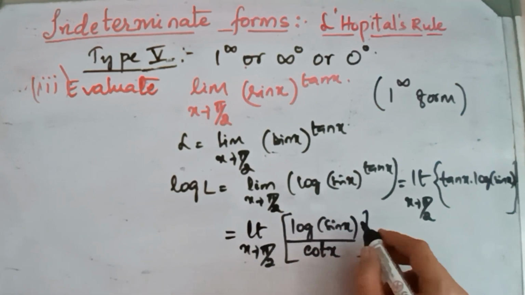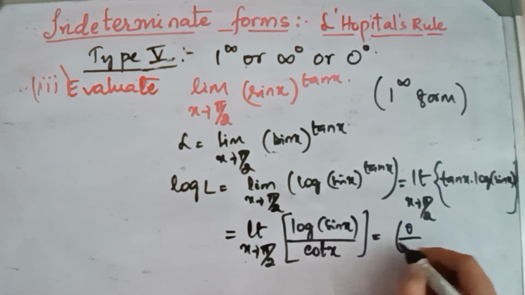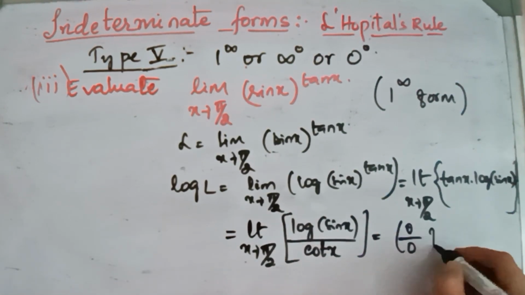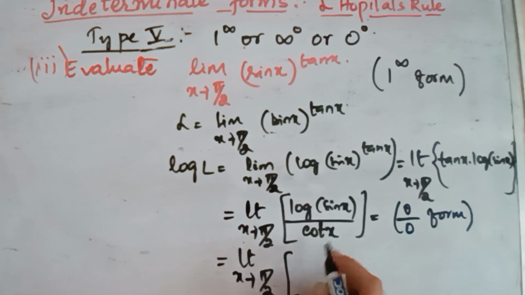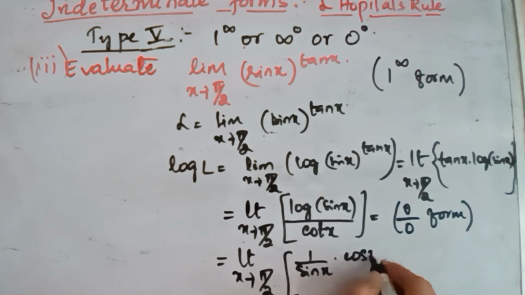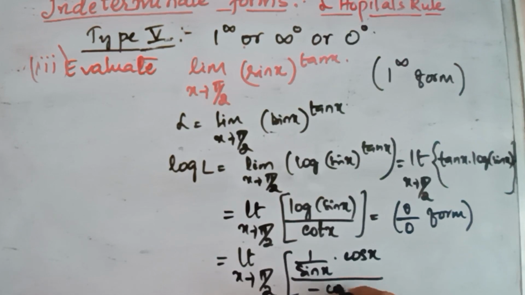When you apply the limit now, sin pi by 2 is 1, log of 1 is 0, by cot of pi by 2, which is 0. 0 by 0 form. Apply L'Hopital's rule. So you'll get the limit as x tends to pi by 2 of the derivative of log of sin x, which is 1 by sin x into the derivative of sin x, cos x, divided by the derivative of cot x, which is minus cosecant square x.